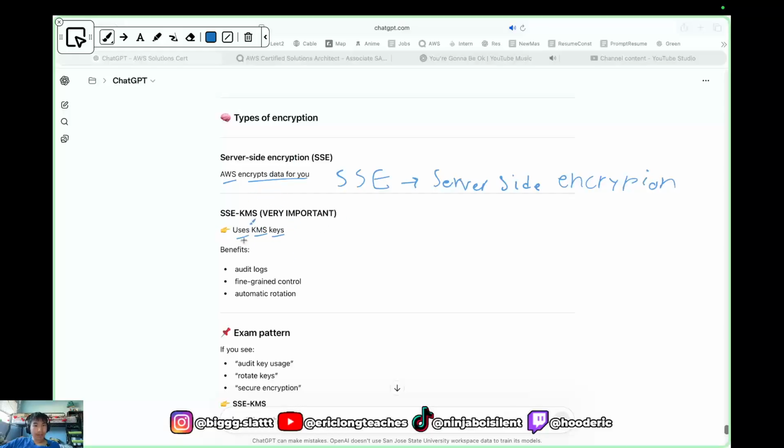The benefits are audit logs, fine-grained control, and automatic rotation.